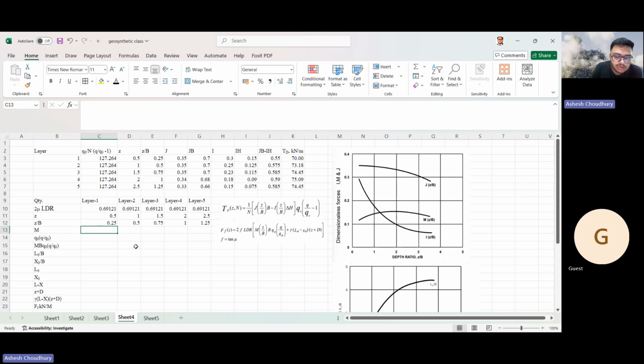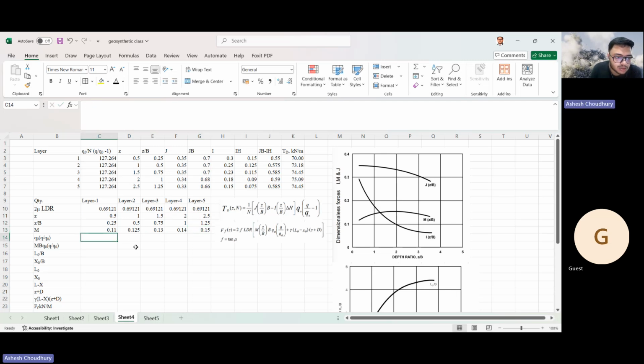M also you have to get corresponding to Z by B if possible.